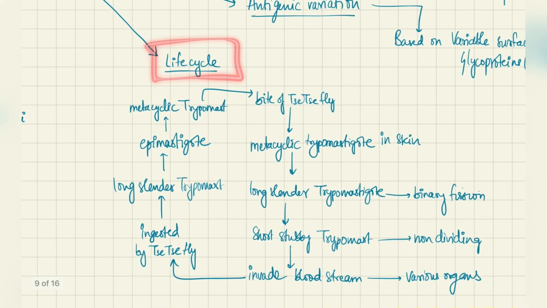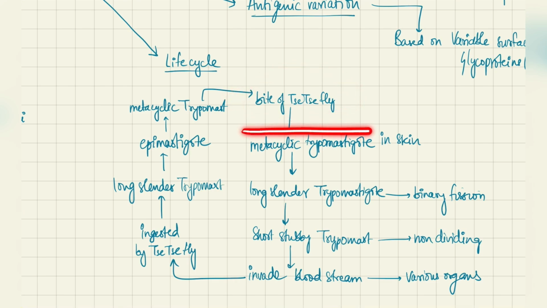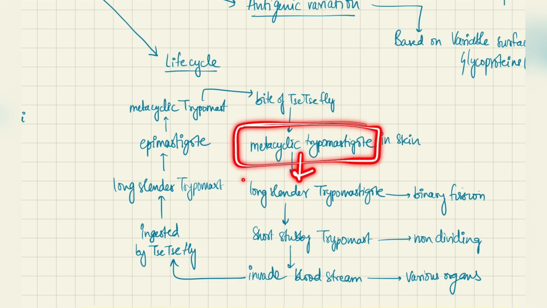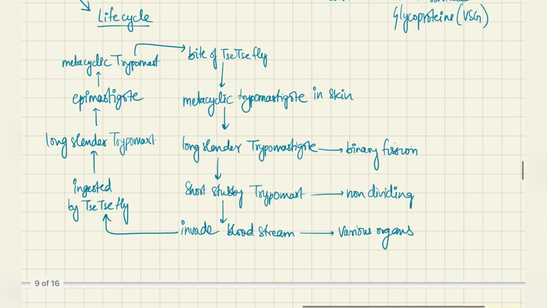Now coming to the life cycle, it is a little tricky here, but there is a pattern which we'll recognize soon. First of all, there is a bite of the fly. After this bite, we get metacyclic trypomastigotes in the skin. They convert into long slender trypomastigotes, which divide by binary fission.